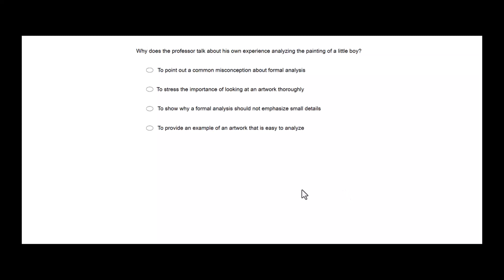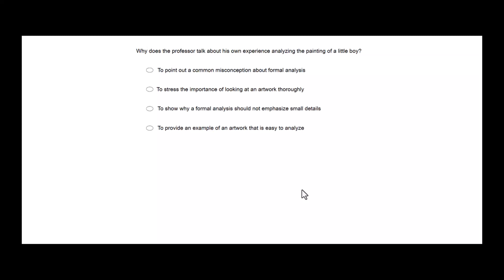Does the professor mention this personal experience to point out a common misconception about formal analysis? No. The professor mentioned this experience when he discussed the third, or equally the last, section of formal analysis, that is the meaning of the artwork.